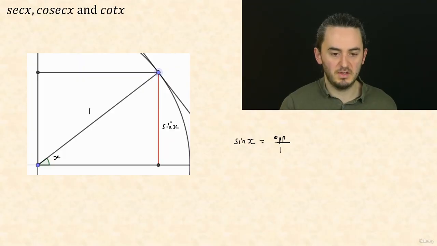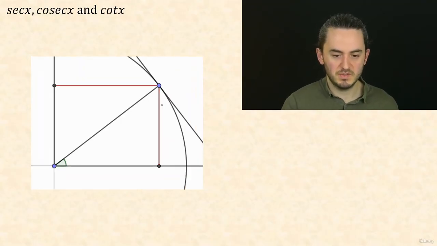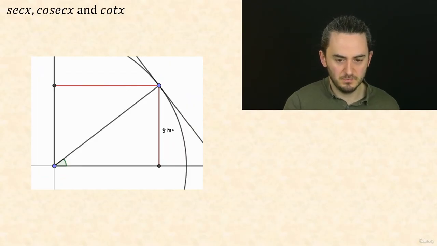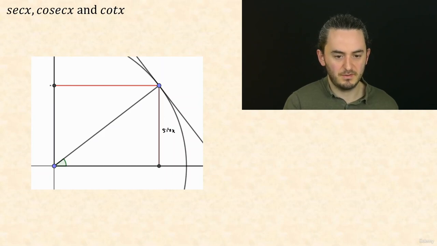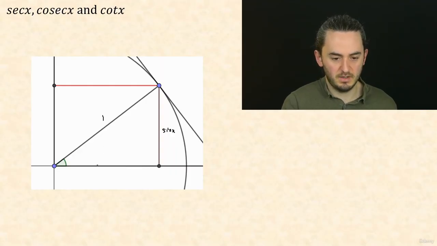So we've already got the length of one of our sides. What about this one here? Well, we found out that this was sine x before. Now we want to work out the length of this line here. Well, notice it's the same as this line here. We know this is 1, and we want to work out the length of this line.